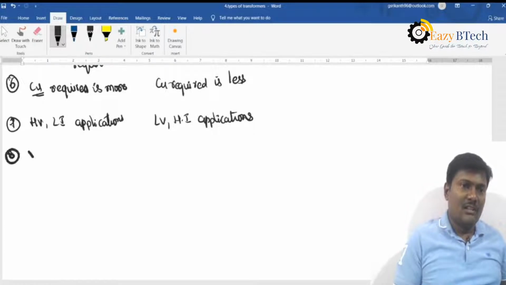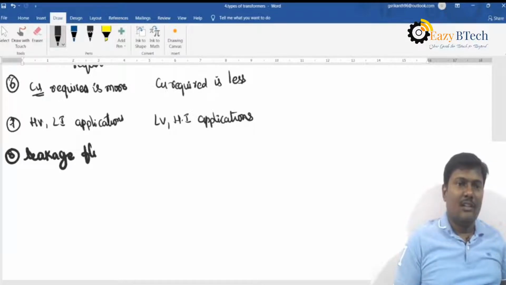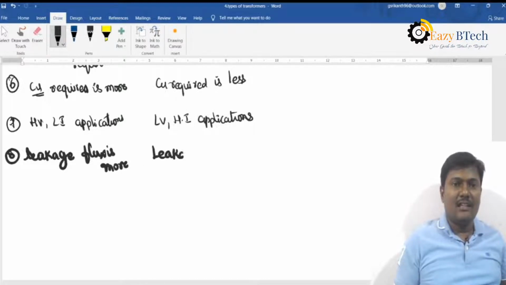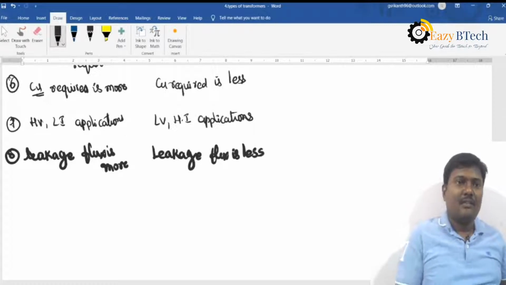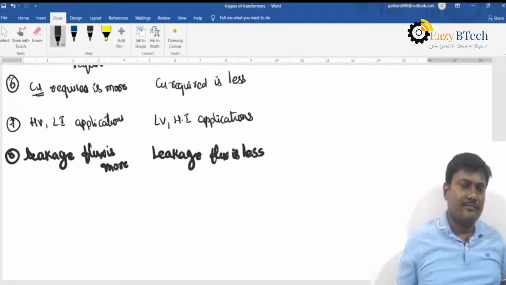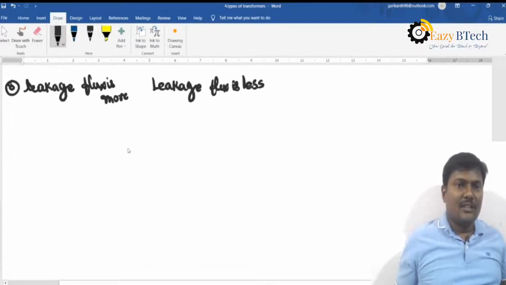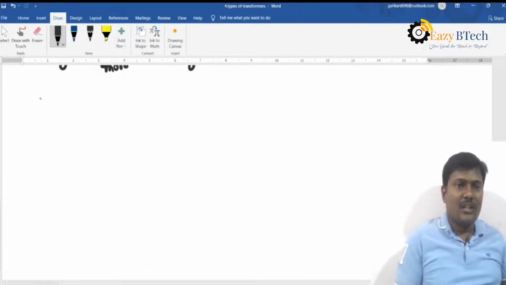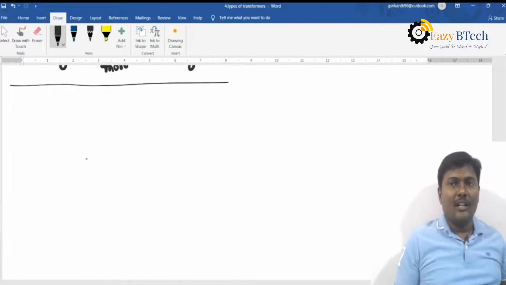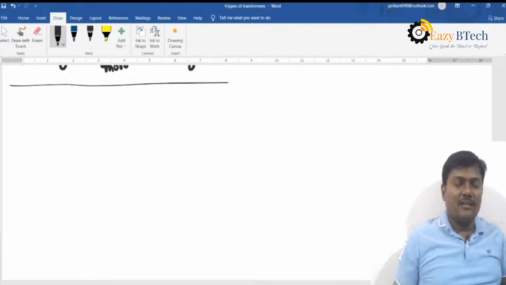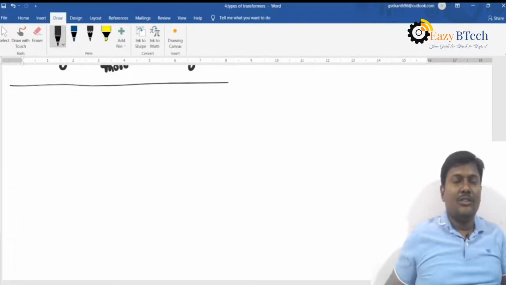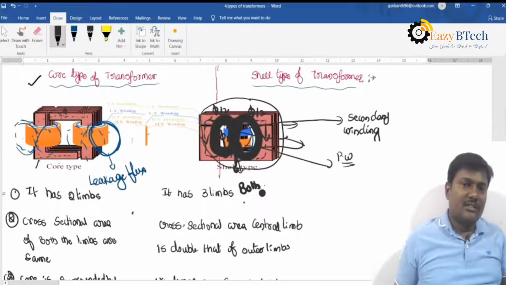Last point: in the core type, leakage flux is more, but here leakage flux is less. So these are the differences between the core type and shell type of transformer. In an examination, if they ask to differentiate between a core type and shell type of transformer, you should write all these points along with these two diagrams.